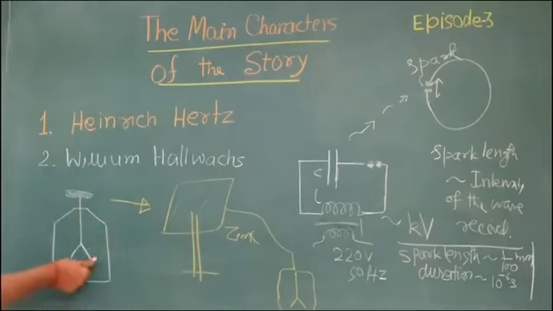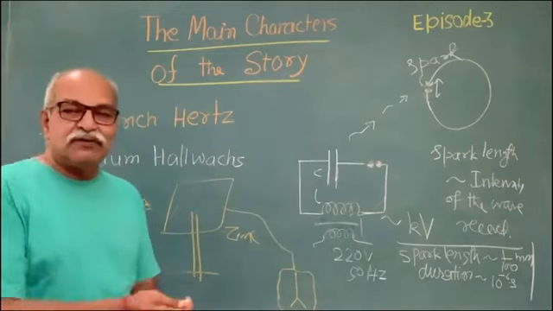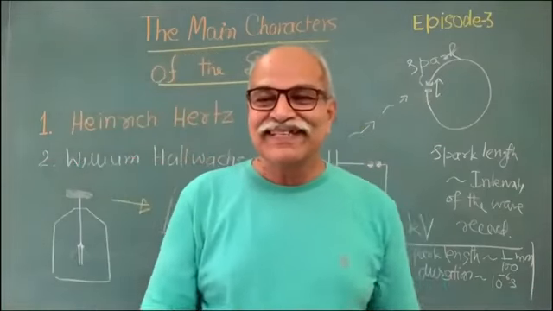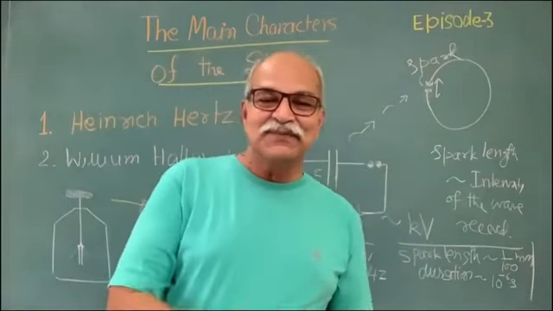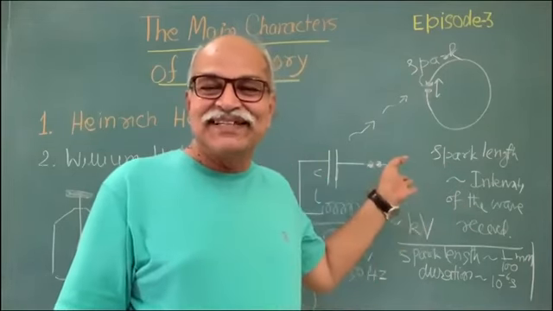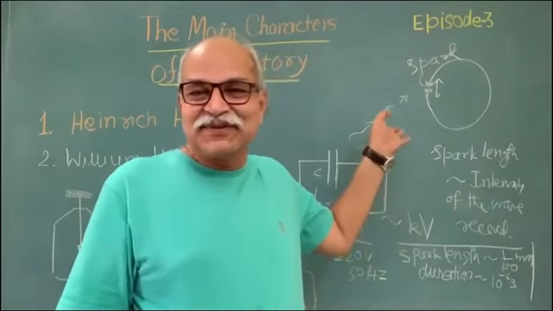Initially the two leaves are just hanging this way, and if you rub two dissimilar things, then electrons get transferred from one to the other. Remember, we are talking of 1887, 1888 and so on.